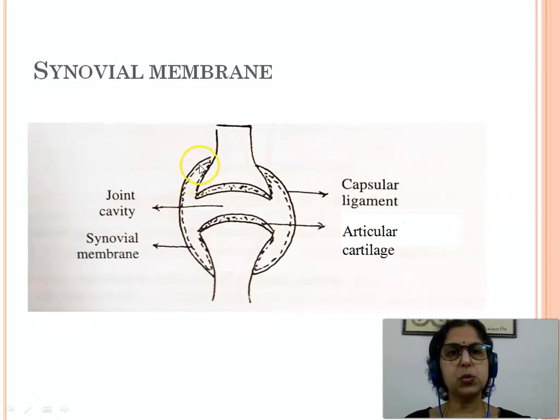This picture shows us the synovial membrane which lies just on the inner aspect of the fibrous capsule. It also lines the articulating bones but does not cover the articular cartilage. It will not cover the articular disc if present. It will also not cover the menisci when present.